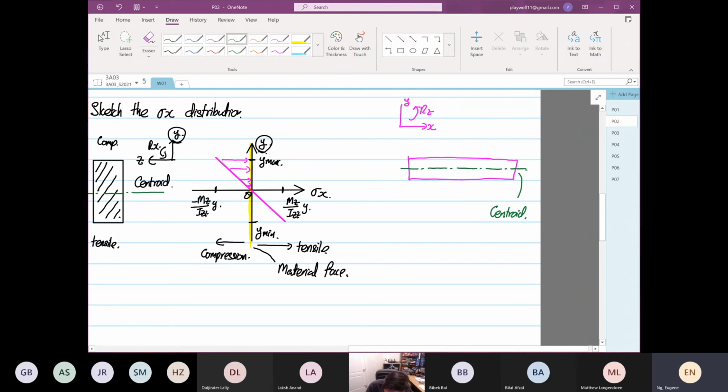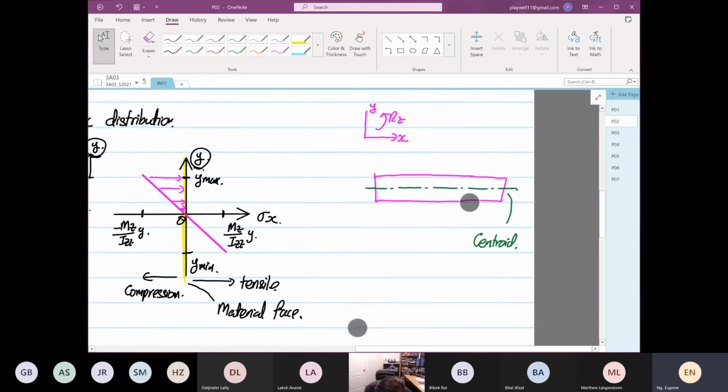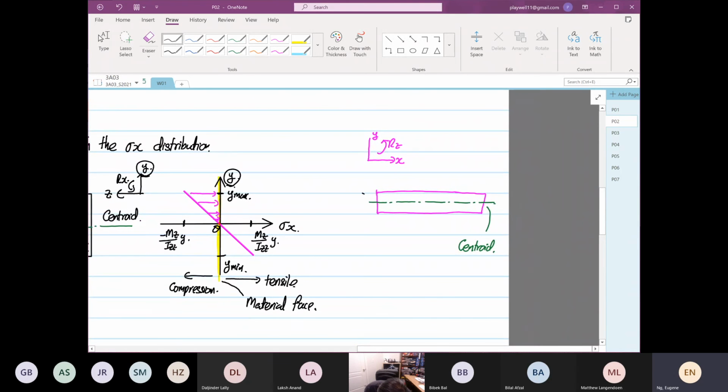So what we are saying is that at the top part, you follow, I will see how much I can zoom in. It's going to be compression, pushing into the workpiece. And at the bottom end is pulling away.